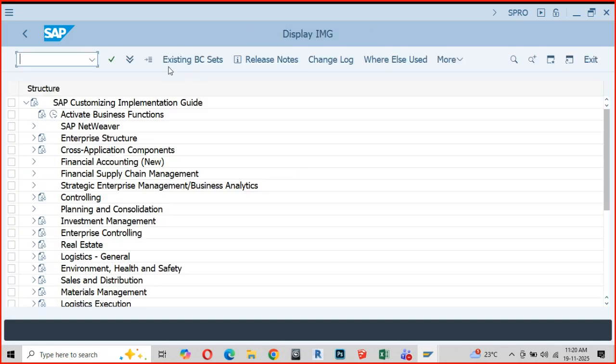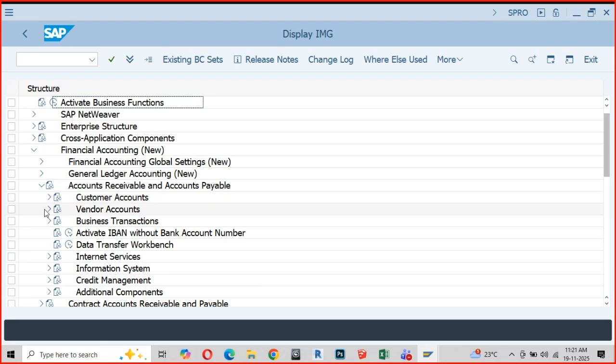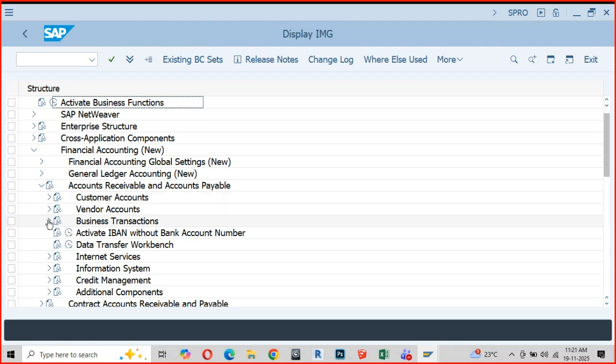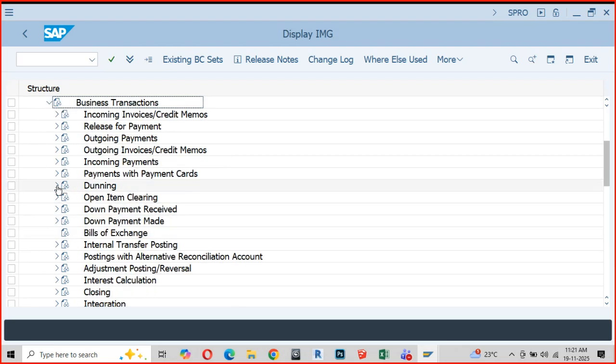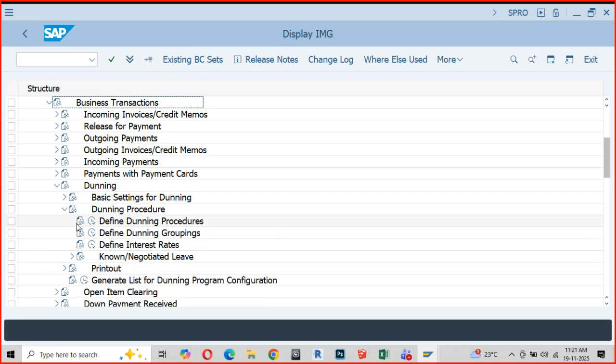I'm not going deeper into the consultant's role because it is not required, but just to get you more interested in the subject: Dunning, basic settings, Dunning procedure, define Dunning procedure.